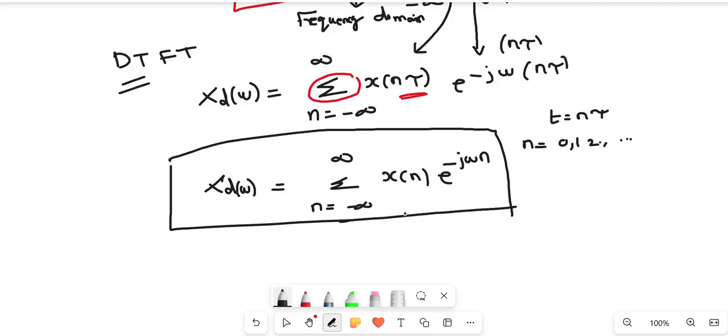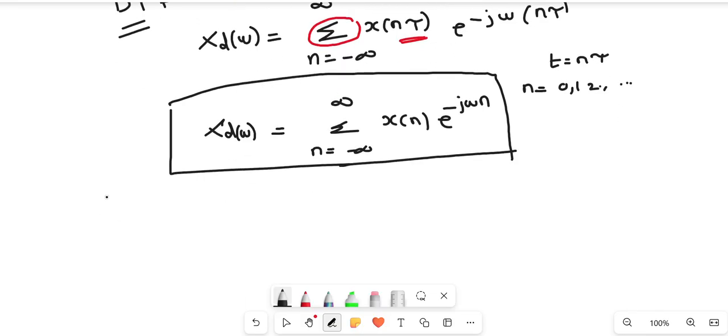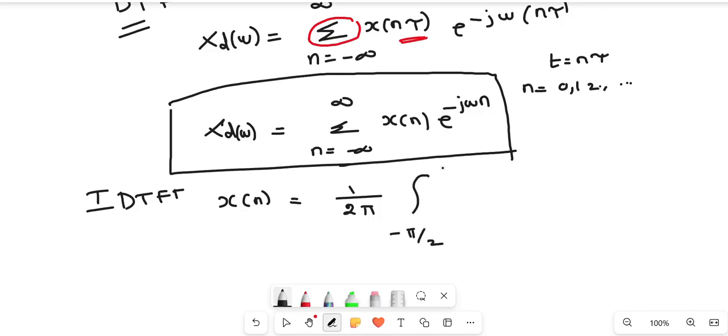For this, the inverse DTFT, IDTFT, will be x of n equal to 1 by 2 pi times the integral from minus pi to plus pi of x of omega e power j n omega d omega.